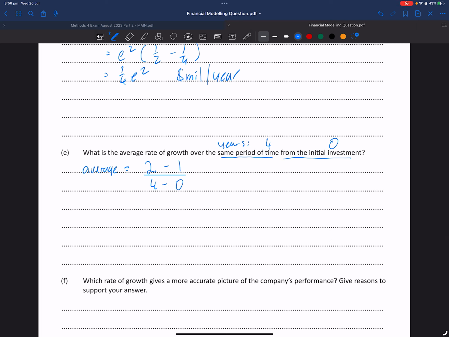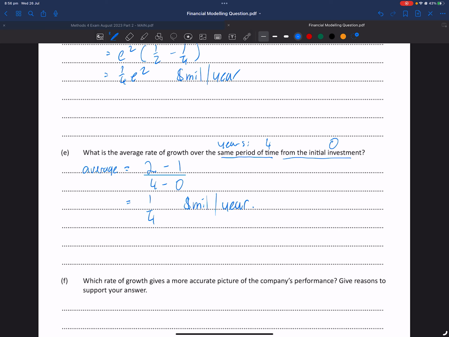So that's 2 minus 1 is 1, over 4. So the average is $250,000, so 250 grand, millions of dollars per year.